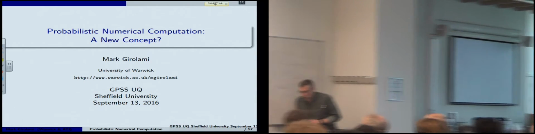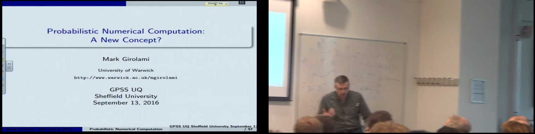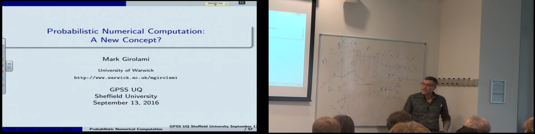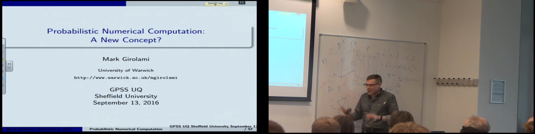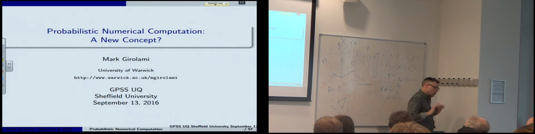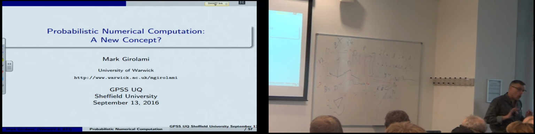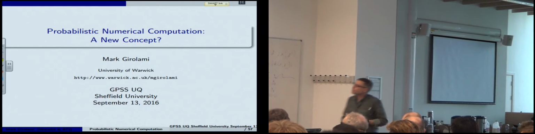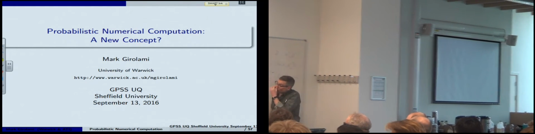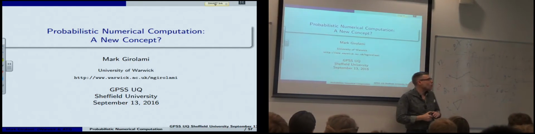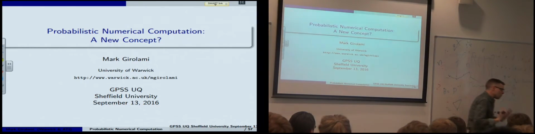I guess a lot of the talks that you've heard so far, and certainly some of the talks you're going to hear next, have been pretty technical. This is a not so technical talk, but what I'm going to try and do is give you ideas and get concepts across to you.